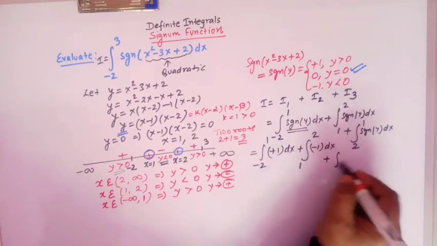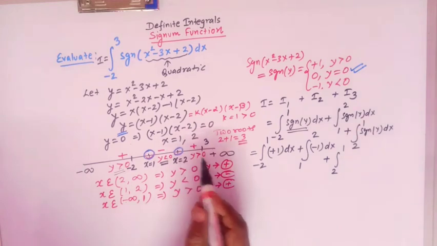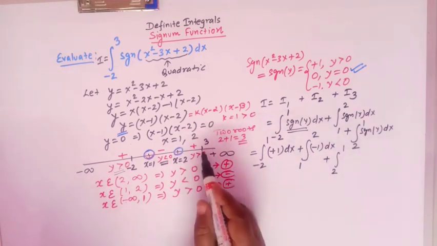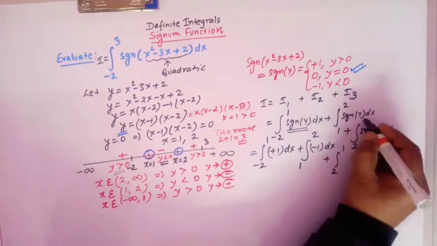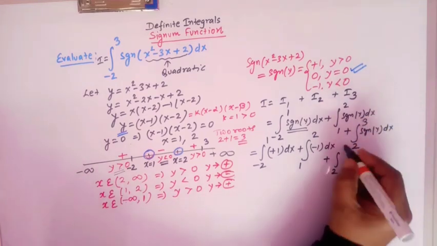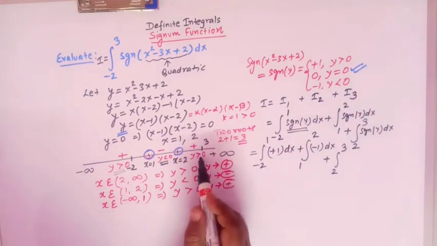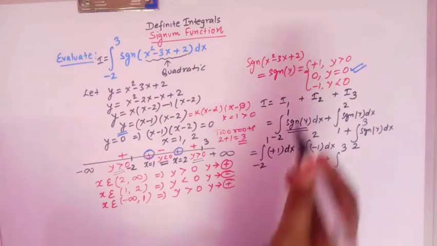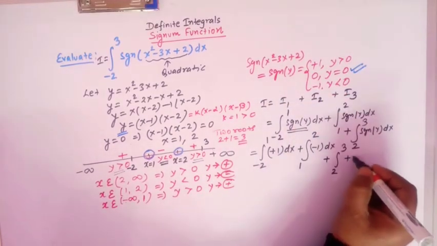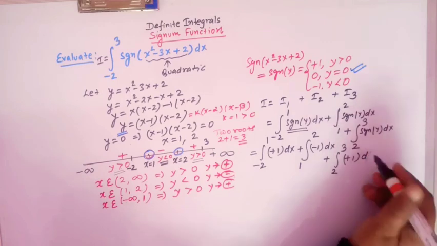And when x lies between 2 and 3, we see that y is greater than 0, and whenever y is greater than 0, signum of y will take a positive value, right? So here we have plus 1.